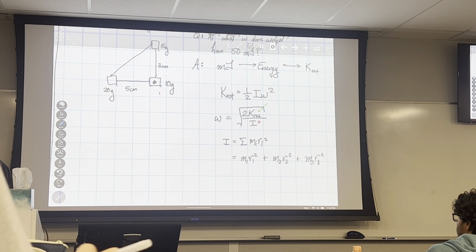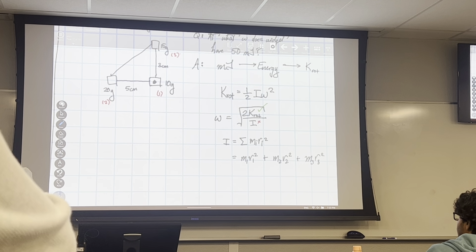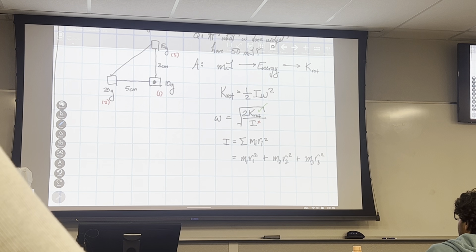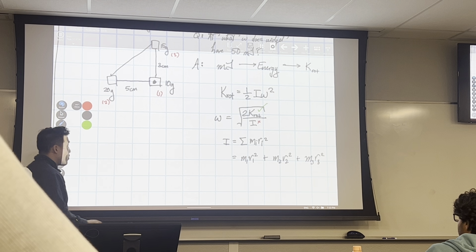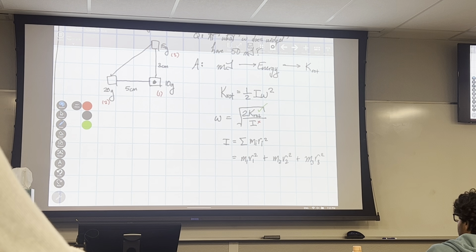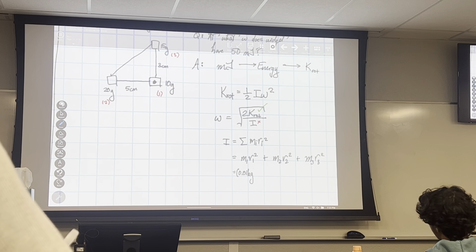And let's say this is 1, this is 2, and that is 3. So we want m1 r1 squared. m1 is, we'll convert it to SI units, so 0.01 kilograms.